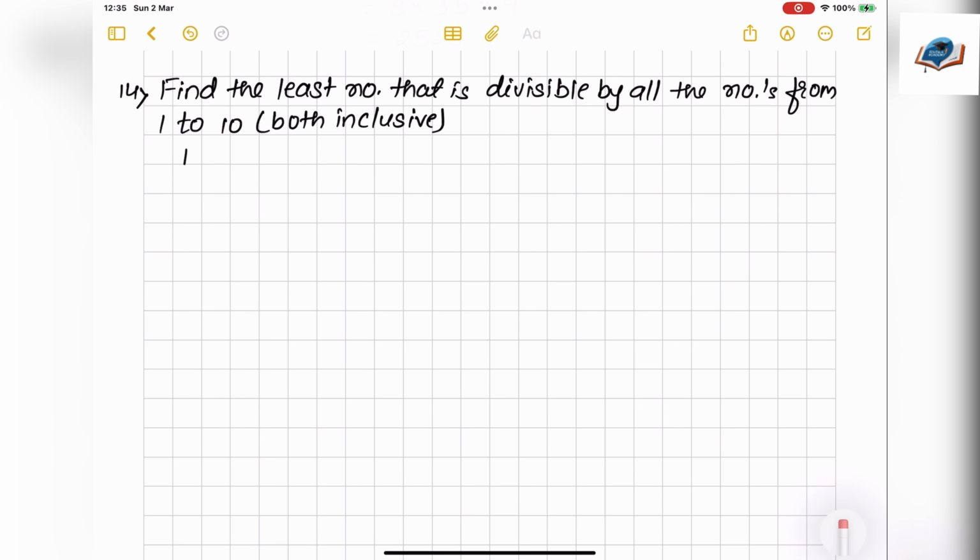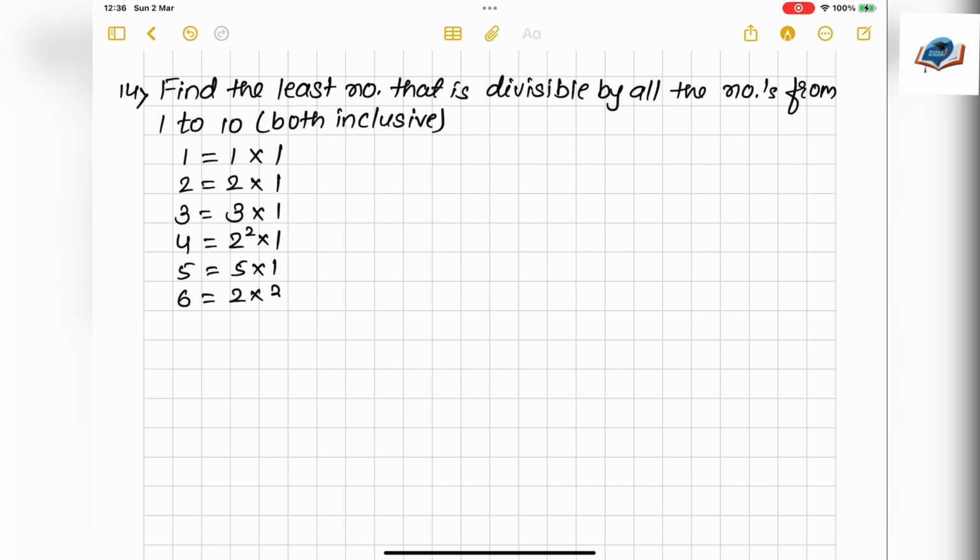So 1 I can write as 1 into 1, 2 I can write 2 into 1, 3 I can write 3 into 1, 4 I can write as 2 square into 1, 5 I can write as 5 into 1, 6 I can write as 2 into 3, 7 I can write 7 into 1, 8 I can write 2 cube into 1, 9 I can write as 3 square into 1, and 10 I can write as 2 into 5.